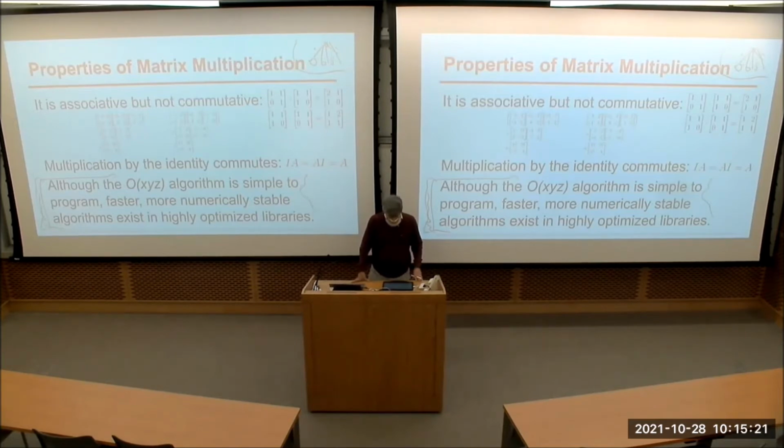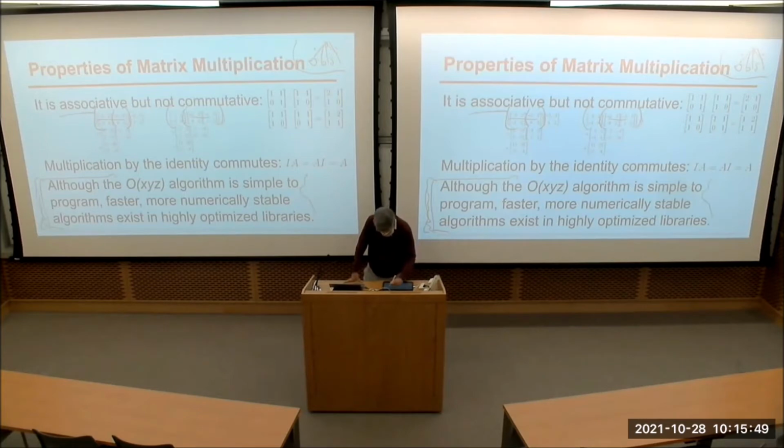What other properties of matrix multiplication are interesting? It is associative, meaning that if you have a long chain of matrices, you can group it however you wish. You could multiply the first two and then times the third, or multiply the second two and then times the first, and you'll get the same answer. But matrix multiplication is not commutative.